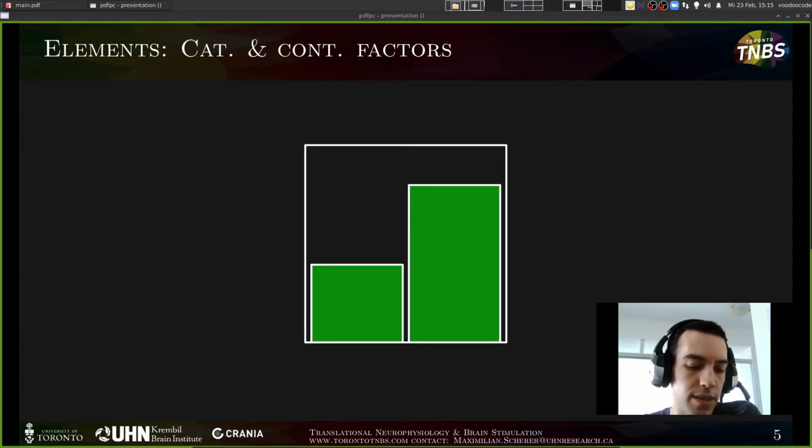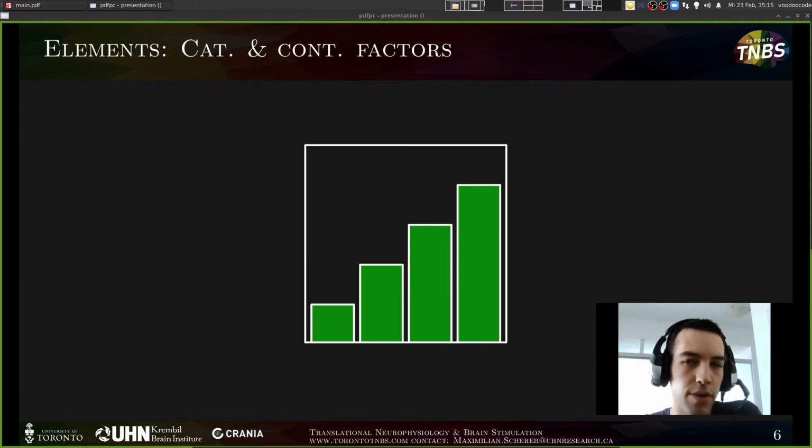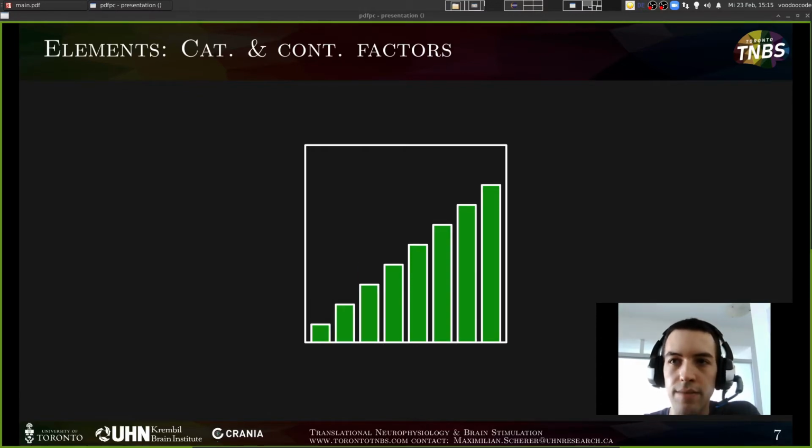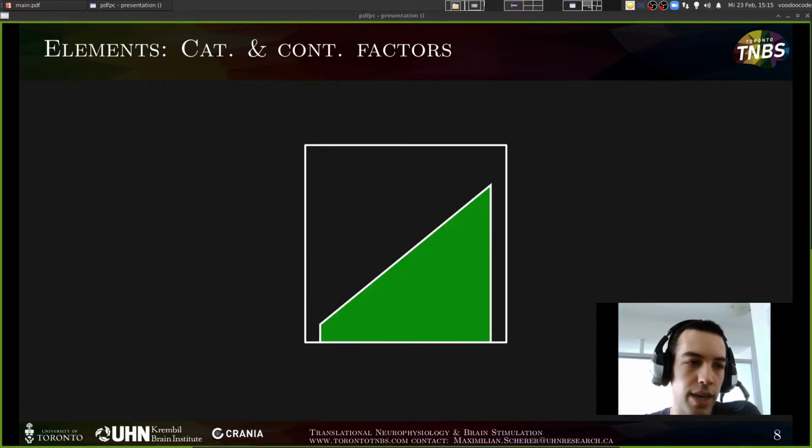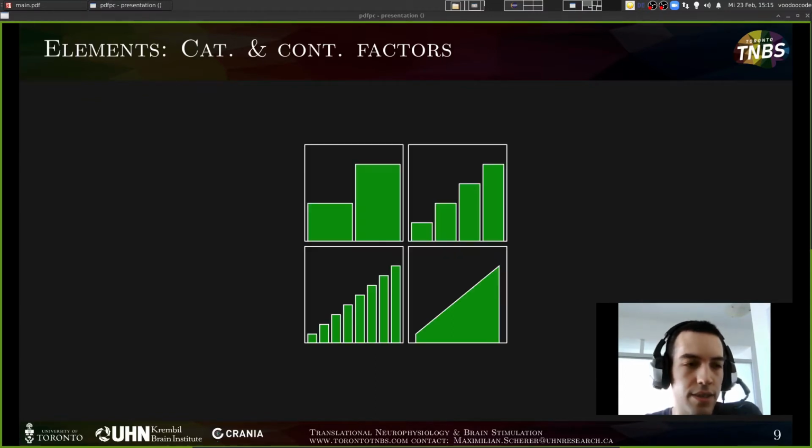Let's say you look at a factor, and the factor has like 2 levels, or 4 levels, or 8 levels, or a really high number of individual levels. And then you have to decide for yourself in the end whether you want to treat that as categorical or as continuous.